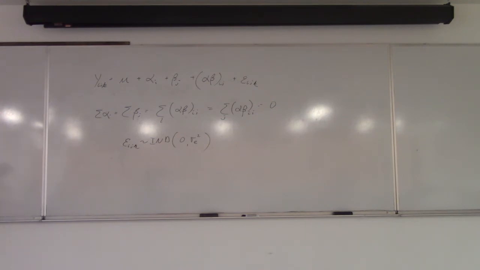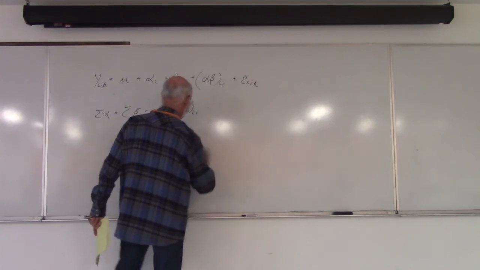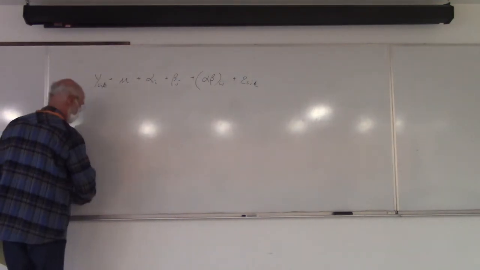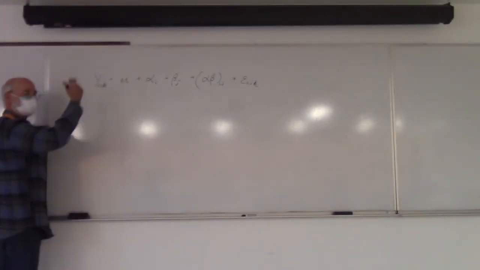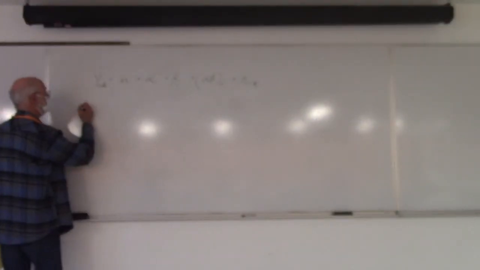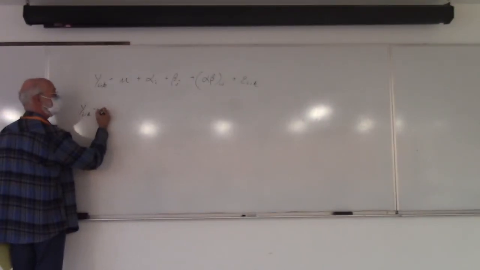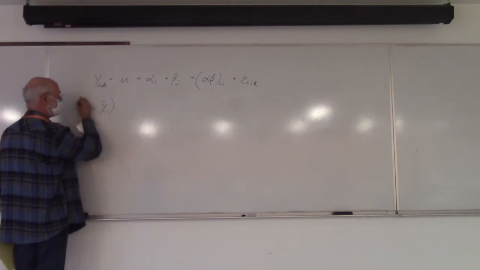Let's figure out what our estimates of all of these different terms are. Well, just like we've done with every model up to this point, we're going to take mu and subtract it from both sides and replace it with our best estimate of mu. So we're going to have y_ijk minus mu, our best estimate of mu is y bar dot dot dot.